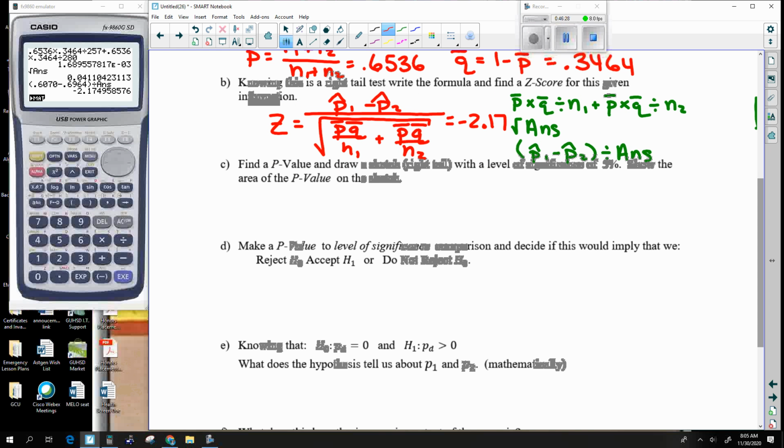Okay, so this is a right tail with a level of significance of 5%. All right, so let's first find the p-value. So the p-value is built upon a z of negative 2.17. I would look it up as a negative anyways. Wait a minute, that doesn't make any sense.